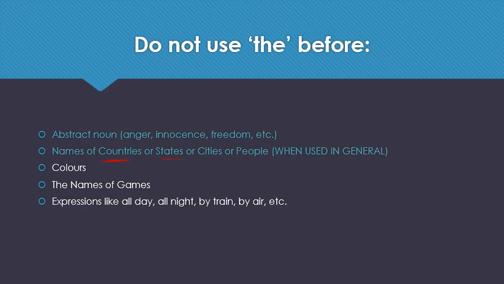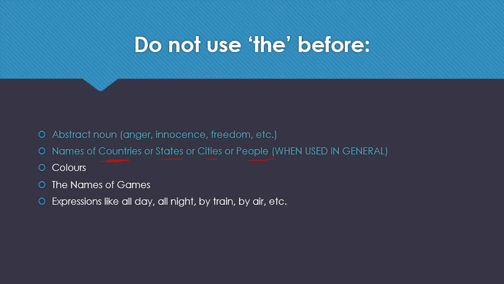States: it is not the Uttar Pradesh, it is Uttar Pradesh. Cities: it is not the Delhi or the Meerut, it is Delhi, Meerut. Then people, you do not use the with names. Call the Rishu, call the Dev. No. Call Dev, call Rishu. We never use the with names.